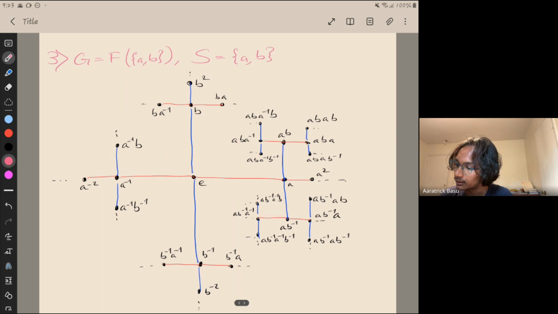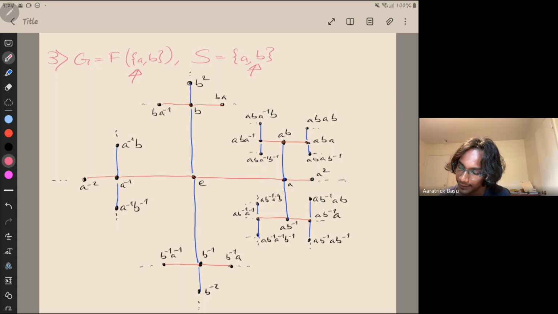Okay, so let's come back to our main character, the free group on 2 generators. I claim that this is the Cayley graph with respect to the obvious generating set. So we are looking at the free group on 2 generators A and B, and we take those elements A and B as our generators. So what is this graph saying? Let me trace this out.